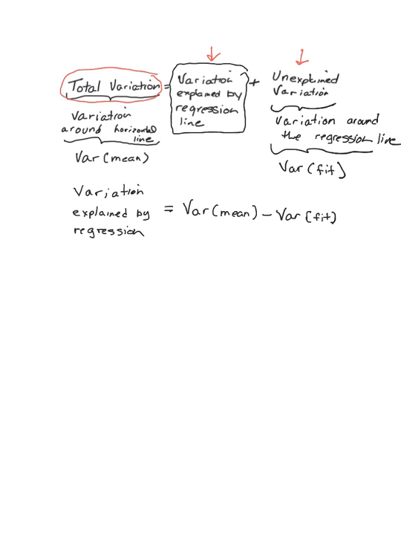Each one of these is a percentage of the total variation. So R squared equals the explained variation divided by total variation.